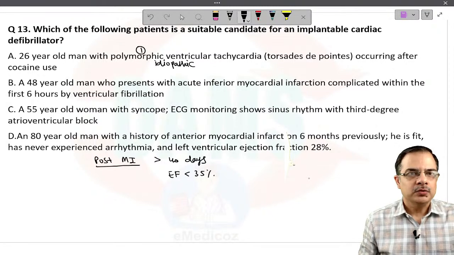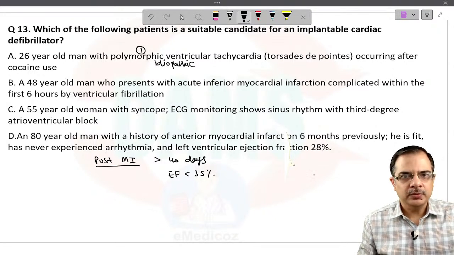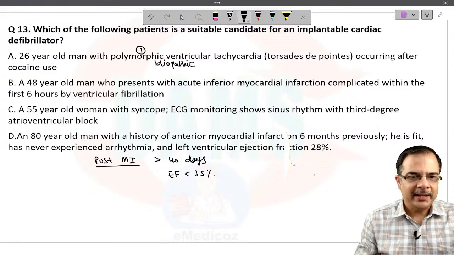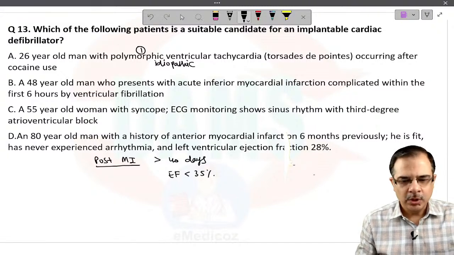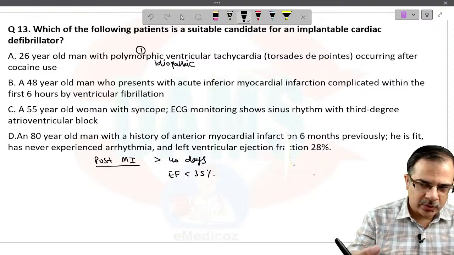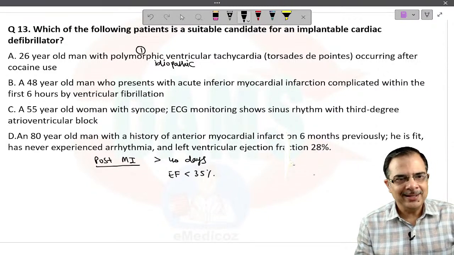So within 6 hours, it is not given. We have to wait for 40 days, and if the ejection fraction remains low and the heart remains stretched, there are more chances of ventricular arrhythmia.